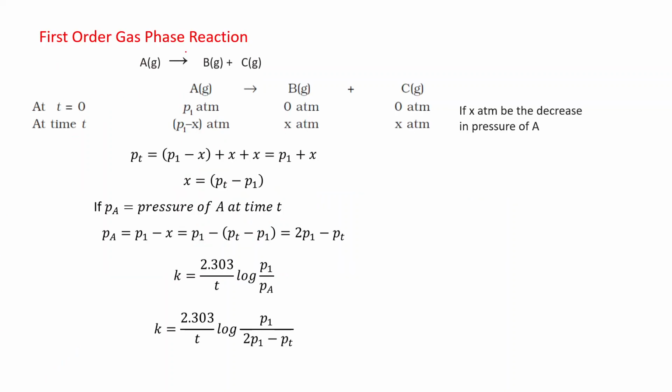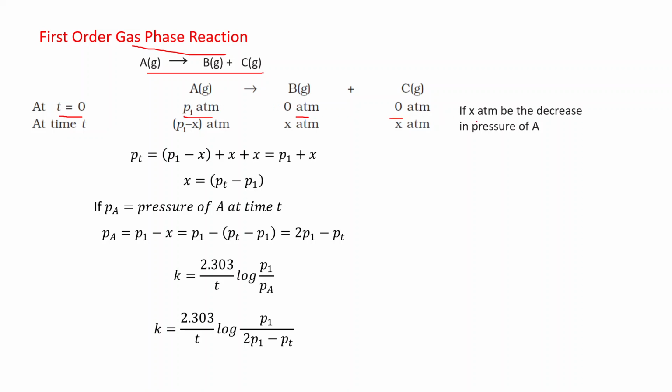Now first order reaction in gas phase. Again we take one example. In this case all the reactants and products are in the gaseous phase. Assume that initially, when time is equal to 0, the pressure of the reactant is P1 atmosphere. Then naturally the pressure of the products will be 0 and 0.